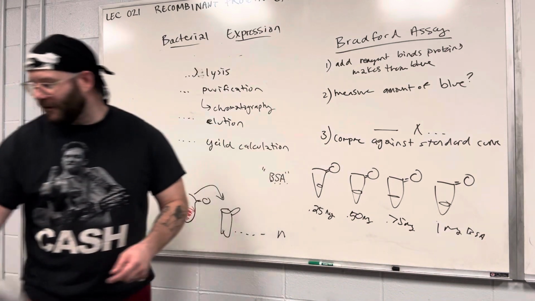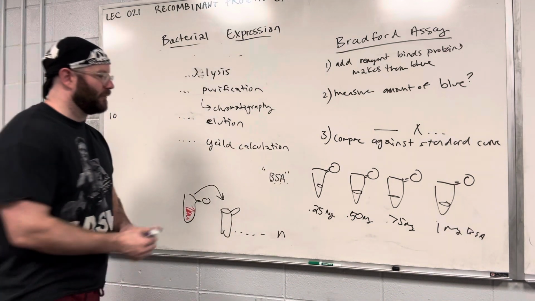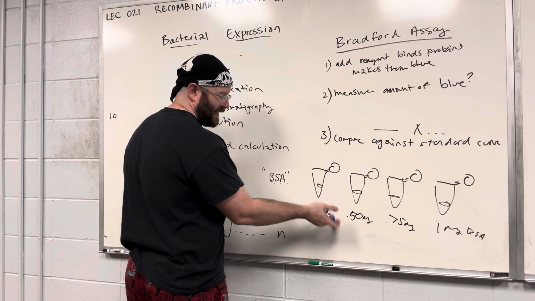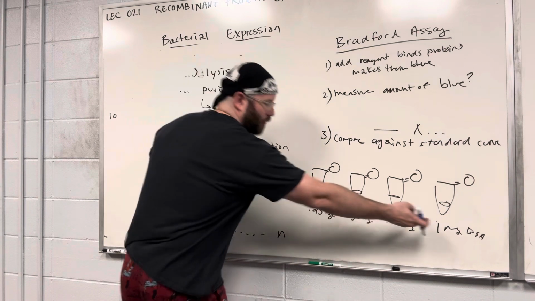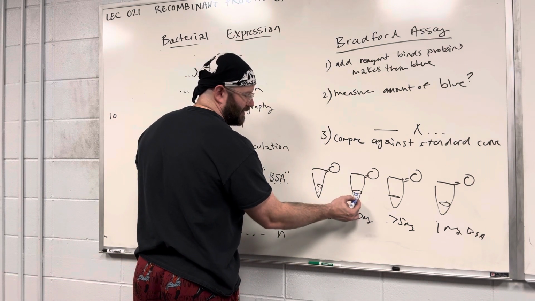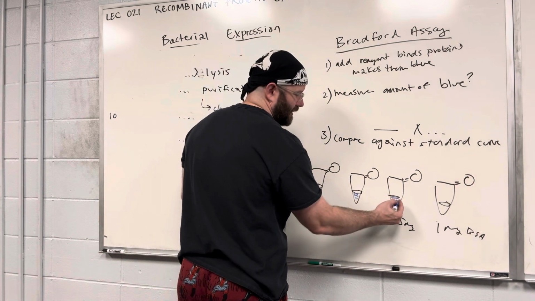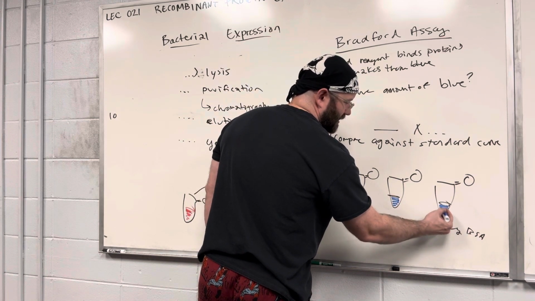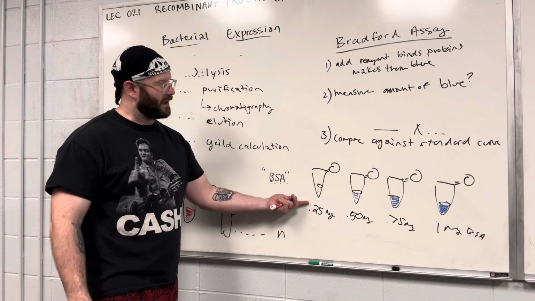And then you add your Bradford reagent. Because this one has 0.25 mgs less protein, there's less protein over here, more protein over here. So maybe this one is a little bit blue, maybe this one is pretty blue, maybe this one is much more blue, and maybe this one is deepest of blue. That's what it would look like in the tube.